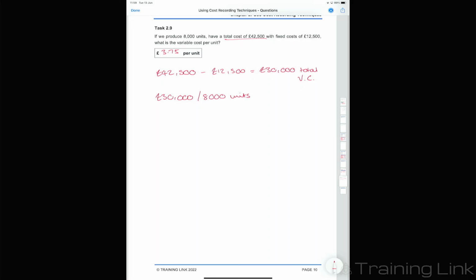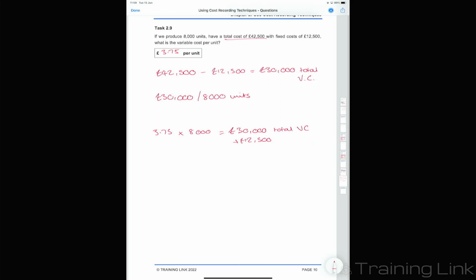And you can always work that in reverse just to double check your method. So £3.75 per unit times the 8,000 units is going to bring you back to that 30,000 total variable cost.